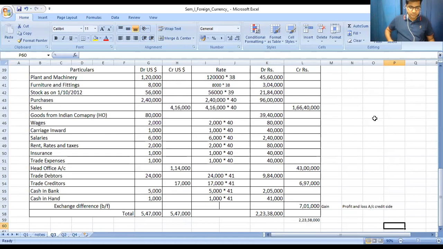Keep in mind how much the balance sheet total will be. It may be 77 lakh 40,600. Keep that in mind whenever you are solving this lesson.